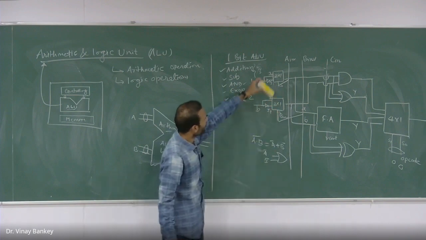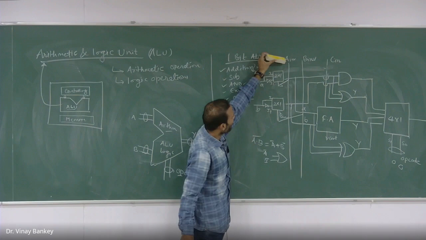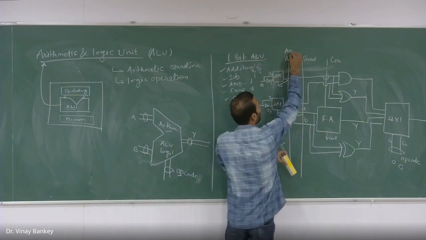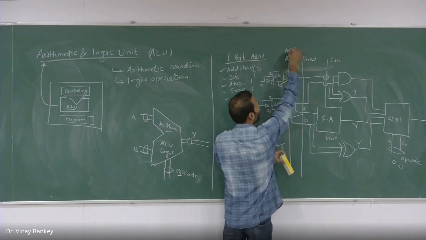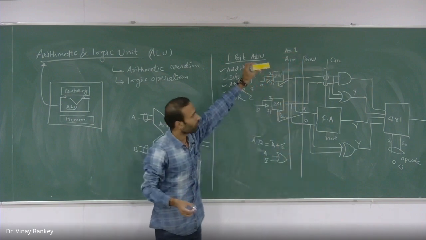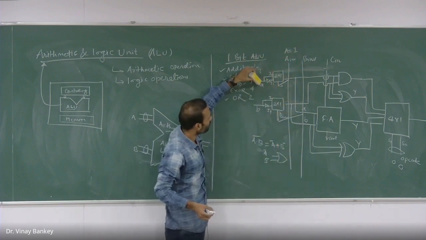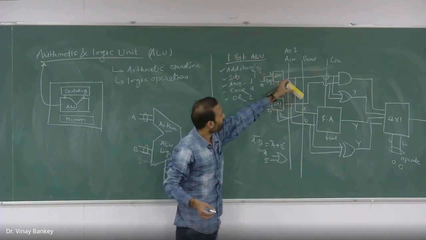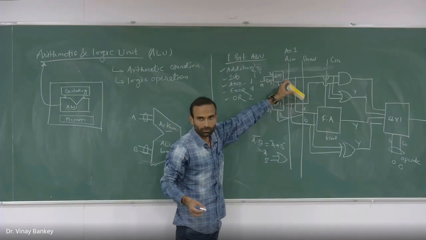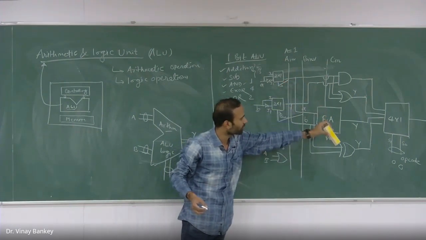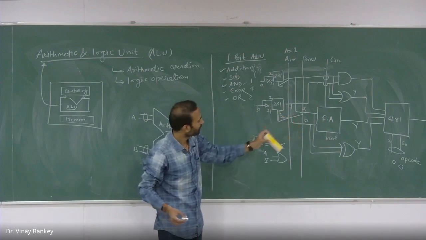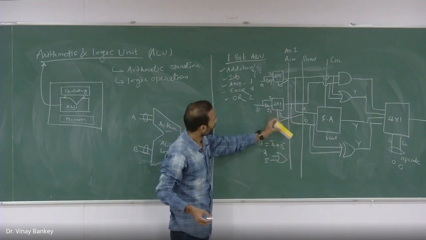Whenever I say invert A, it means the invert signal is high, so I will put 1. For 1, this multiplexer will choose A invert, so the output of this multiplexer will be A bar. Here also for B invert, this will go.